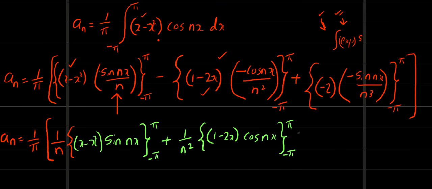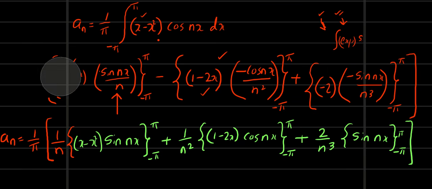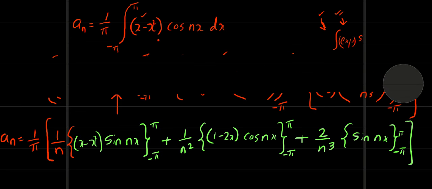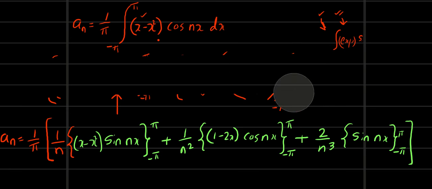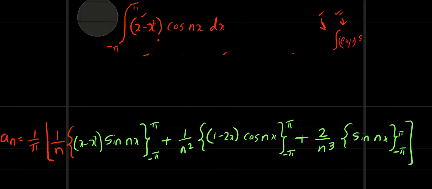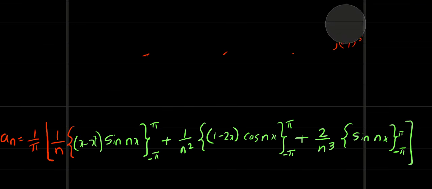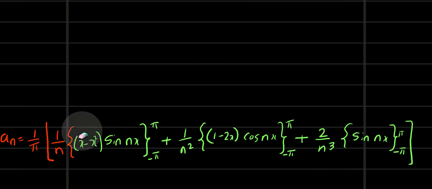And the last one, it's going to be plus 2 by n cube sine nx within the limits minus pi to pi. Okay, so let's erase the steps above. Okay, and you can try by yourself substituting the limits, etc. So try it. By the time I erase this, you can start.